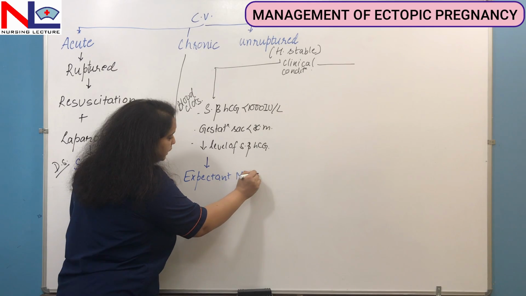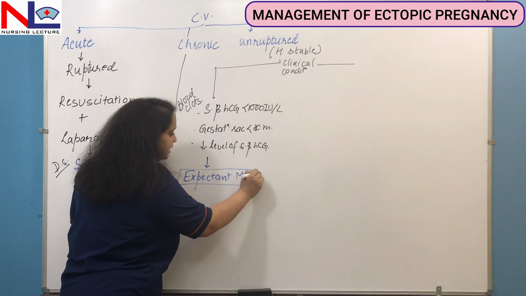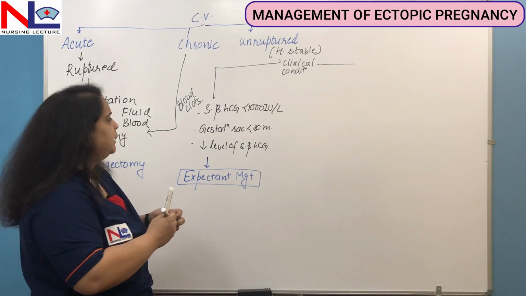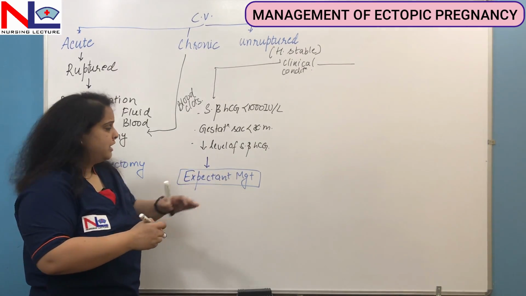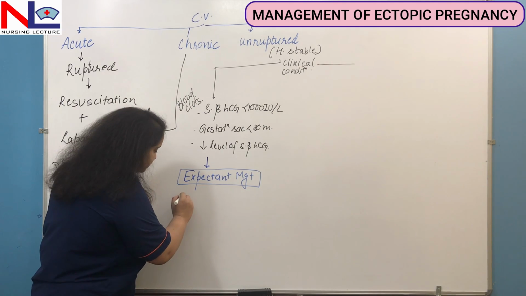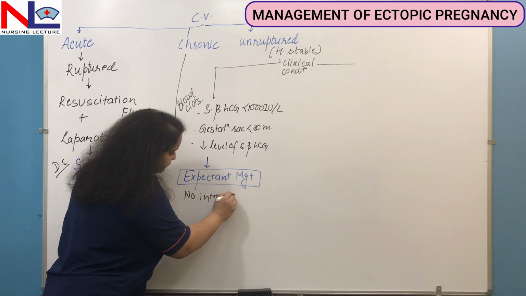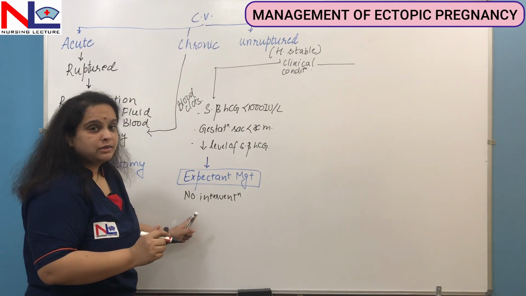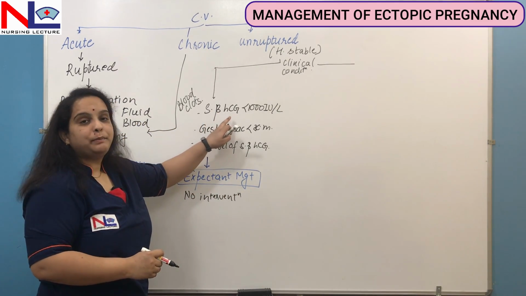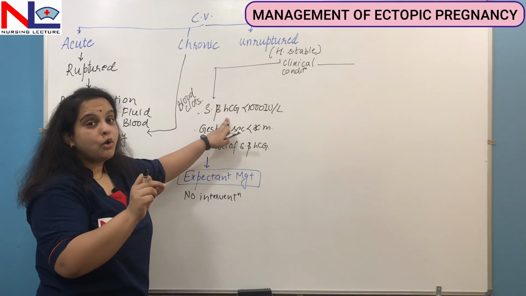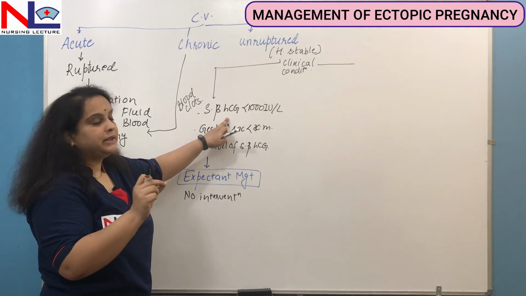where you are not giving any intervention. What is expectant management? You are not giving any drug to the woman. No intervention is given. You only repeat this test for close monitoring of serum beta HCG.